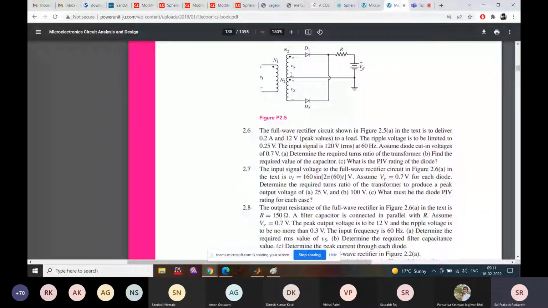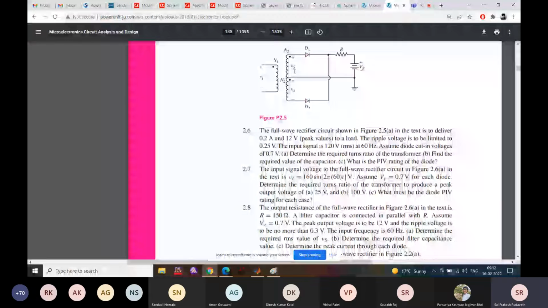So apply KVL from this point. I'm considering only this upper part. If you apply it to the whole circuit, Vs minus Vs, it will be open circuited, so KVL cannot be applied there. Just apply KVL to this circuit.